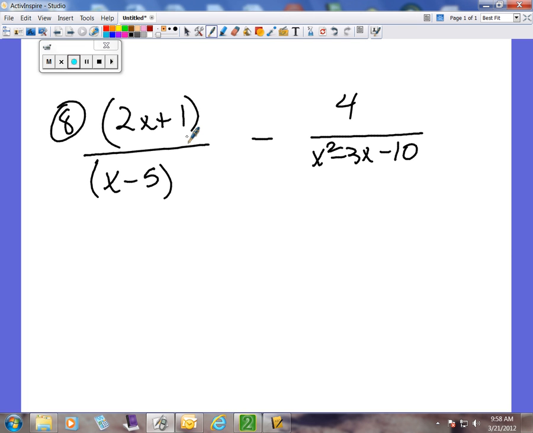This one can't be factored, the first denominator, but this one can be. What would this factor into? Very good. And then notice again, here's that x minus 5 over here. Now what should I do over there? Change this to adding the opposite.